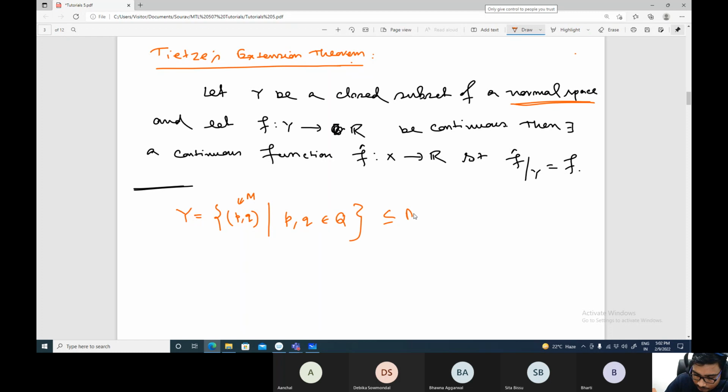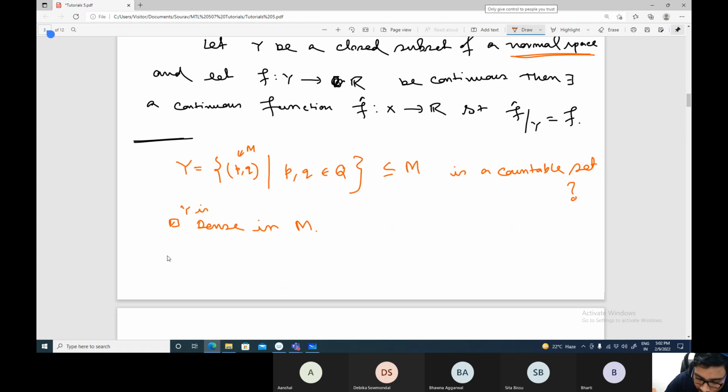So this is a subset of M. This is a countable set, right? Yes. So this is a countable set, and also this is dense in M, right? Y is dense in M. Fine. Clear?